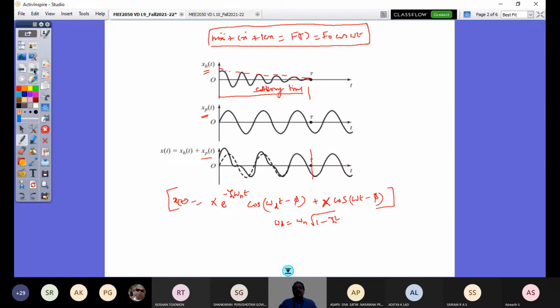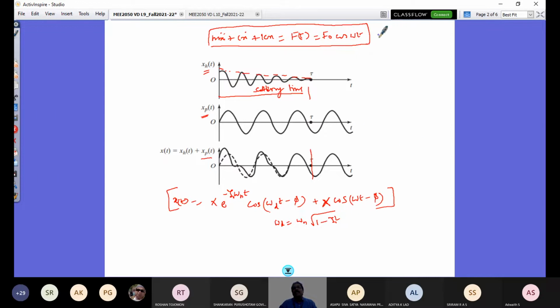Any time you see such a governing equation of forced response vibration, it would have two parts of solution. One is called the complementary part, and another is called the particular integral part. The complementary part is going to die out; there is a short settling time, and this part would go.